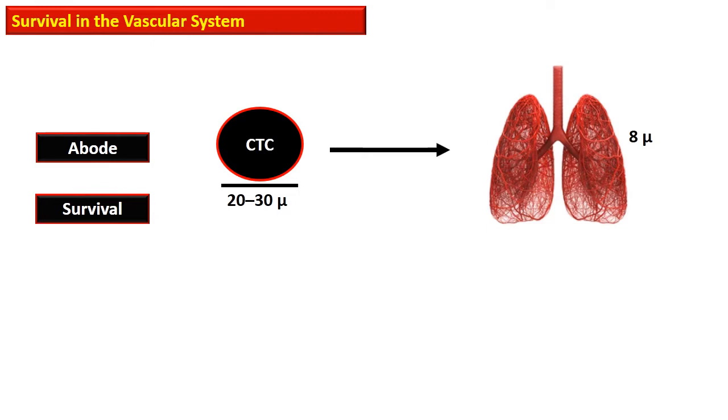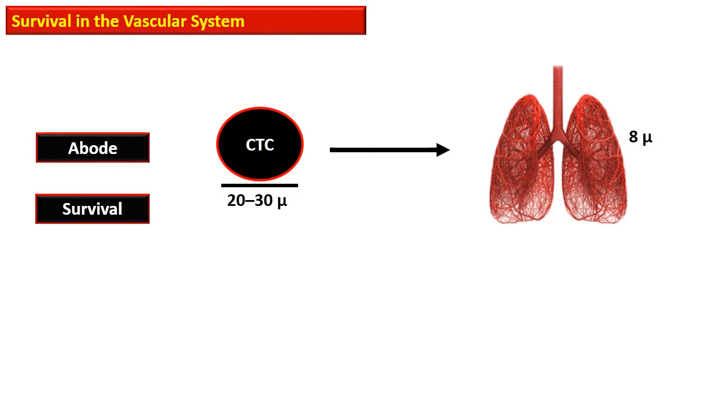So it should find a home for itself before being filtered out by mechanical shear forces in the lung capillaries, where the diameter of these capillaries is about 8 micron. So when they pass through the pulmonary circulation, they will be filtered out from the blood.